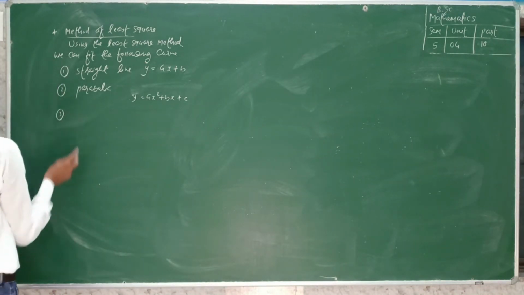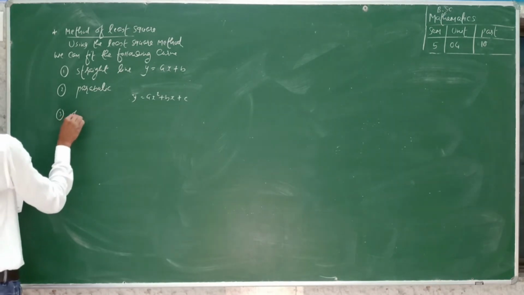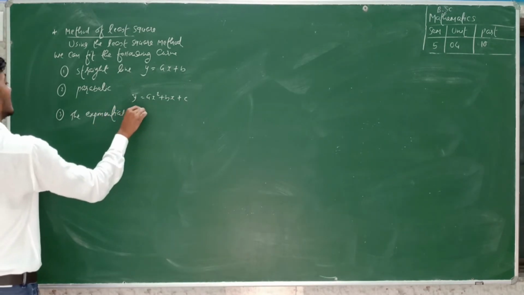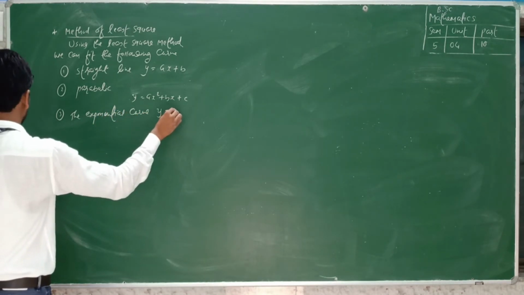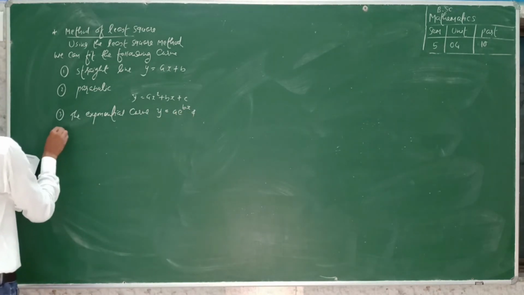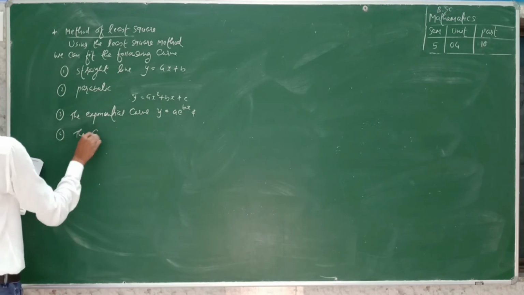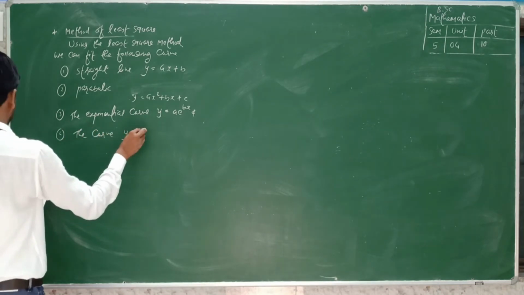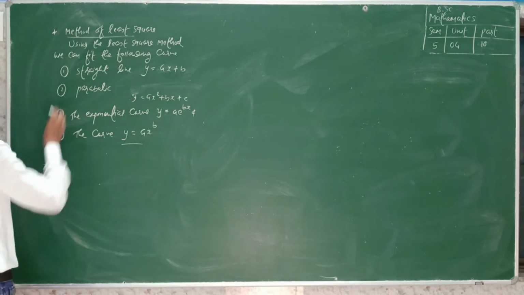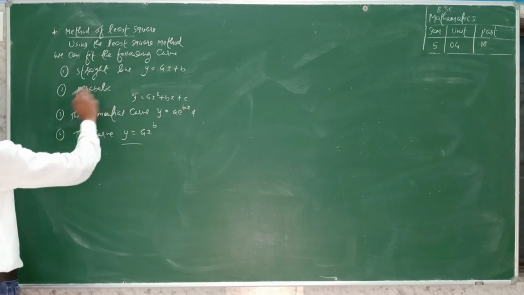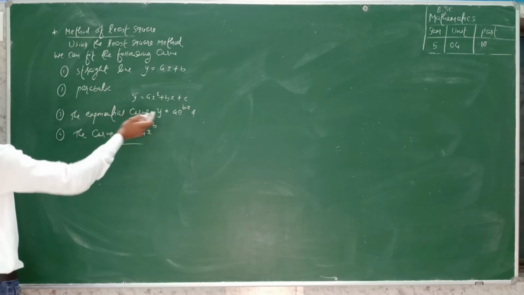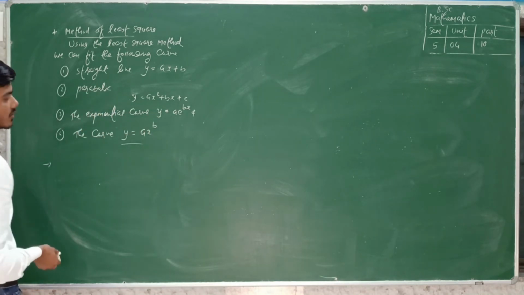You can also fit the exponential curve, y is equal to a into e raised to bx, and the fourth one, the curve y is equal to a into x raised to b. By using the least square method, we can find the best fit curve of the straight line, parabolic, exponential curve and the curve y is equal to ax raised to b.